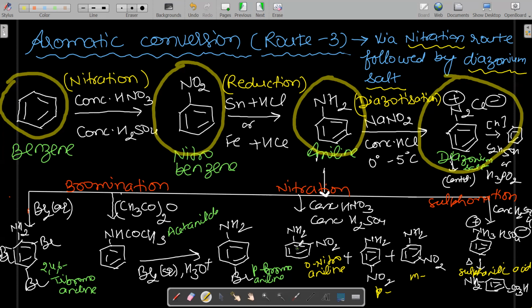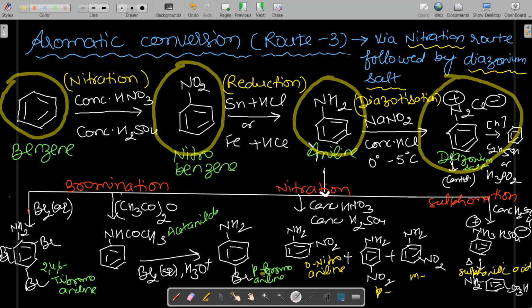In that case, students think they can directly add bromine, and we get this product. No, not at all. Because in aniline, if you add bromine directly, you always get tribromo. So if the exam asks to convert aniline to 2,4,6-tribromoaniline, then it is a one-step reaction. Directly you can get this by adding bromine.